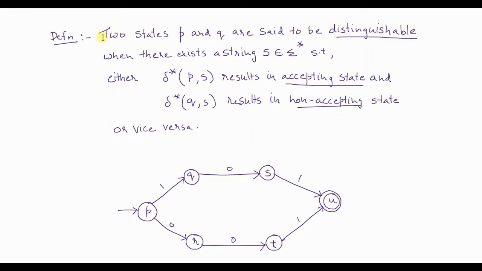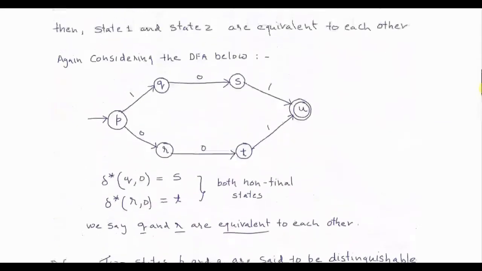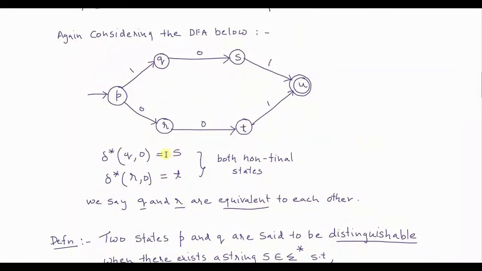Now we'll see the next definition, called distinguishable states. In the previous terminology, we said that two states are equivalent if on reading the same input symbol, either both of them take you to non-final states or both of them take you to final states. Now the exactly opposite definition of equivalent is called distinguishable.